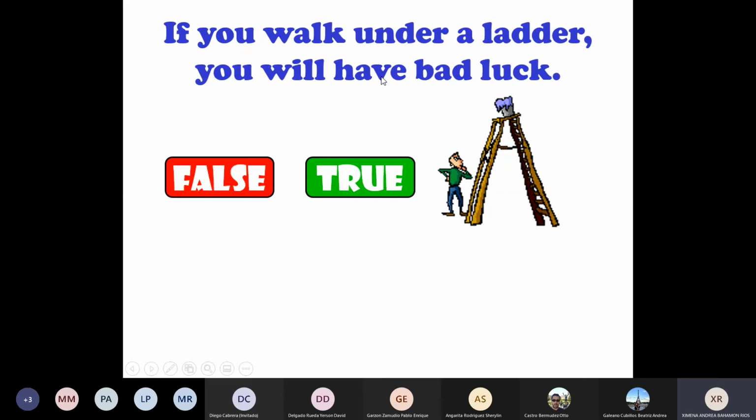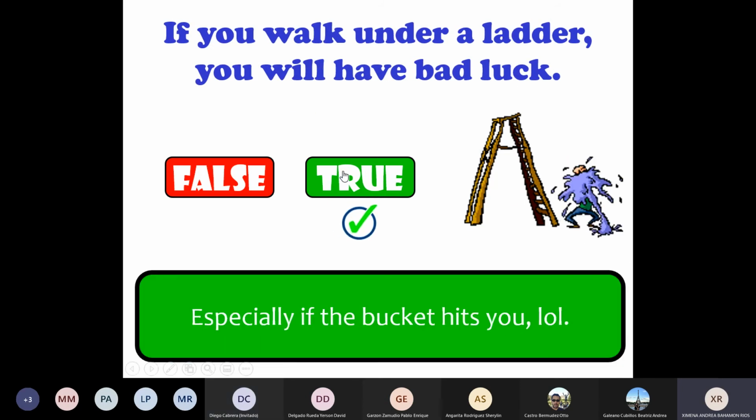Good. If you walk under a ladder, you will have bad luck. Beatriz, I think she said this one. It's true. Okay, thank you. So for us in Colombia, this is true. And for them in Britain, it is also true, especially if the fact hits you, such as the one that is happening here.